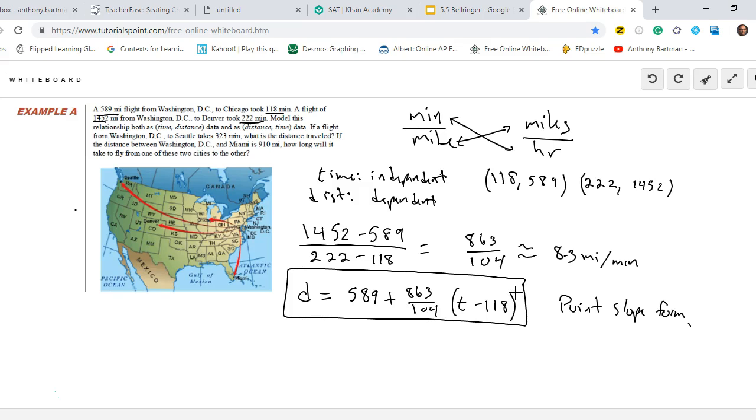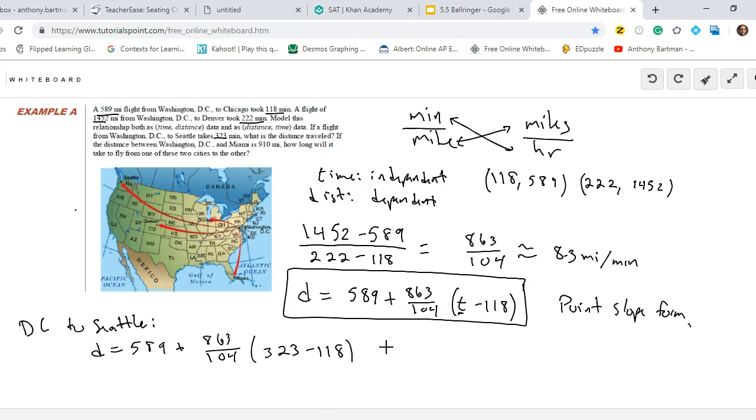So then let's find the distance between Washington, D.C. and Seattle. We want to substitute 323 in for time. So we're talking about D.C. to Seattle, 323. We're taking this number and plugging it in for t. So for D.C. to Seattle, D equals 589 plus 863 over 104, parentheses, instead of t we are saying 323 minus 118.